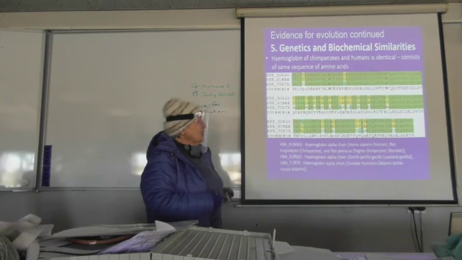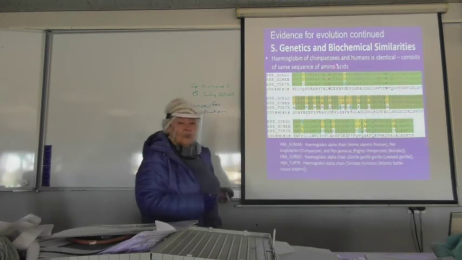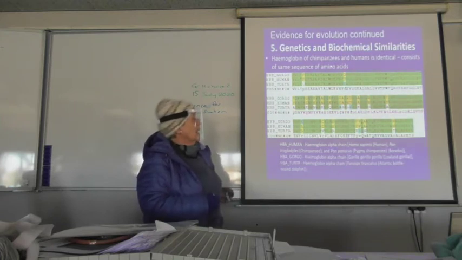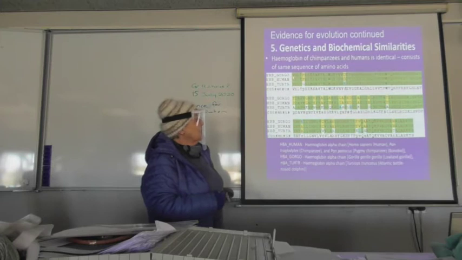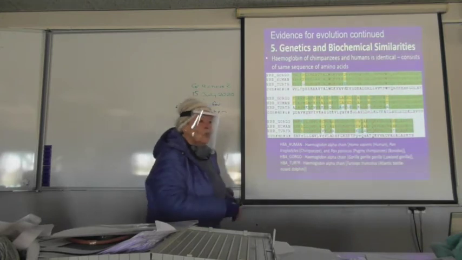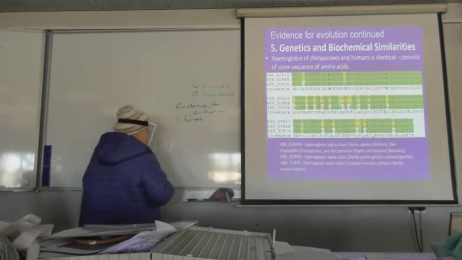You have to understand it to be able to interpret it. What this is looking at is the amino acids that make up hemoglobin A. Remember, I spoke about this when I spoke about sickle cell anemia.